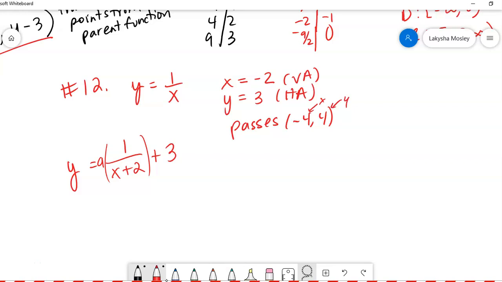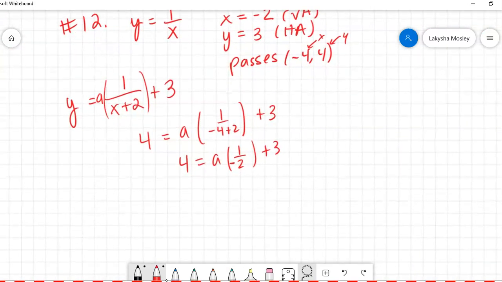So we got 4 is equal to A, 1 over, put a negative 4 there, and then this becomes 4 equals A times 1 over negative 2. So this is negative 1/2, and then plus 3 in the back.